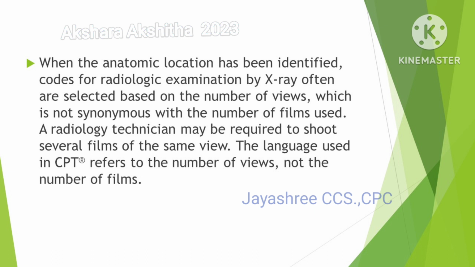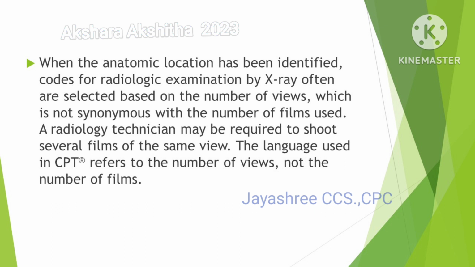In views, first we need to identify the site. In this example, 73560, radiological examination, that is plain X-ray. What is the site? Knee. For the knee there are three CPT codes, and these three CPT codes are based on the number of views.